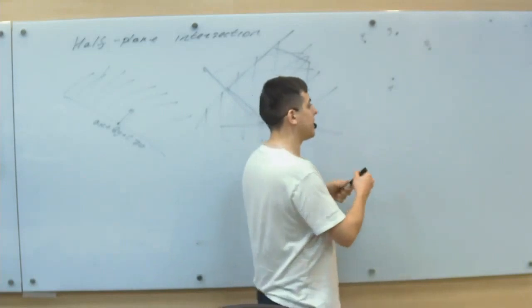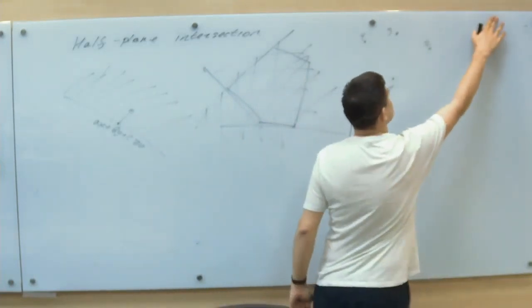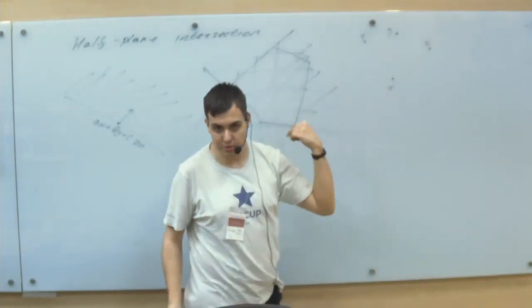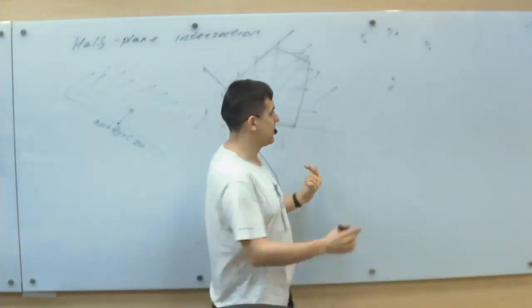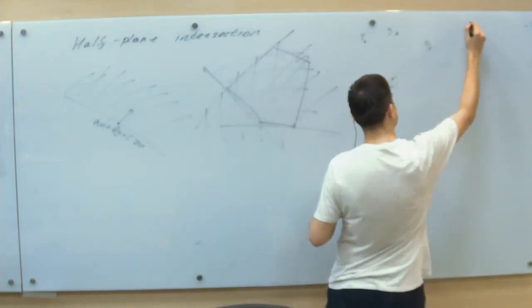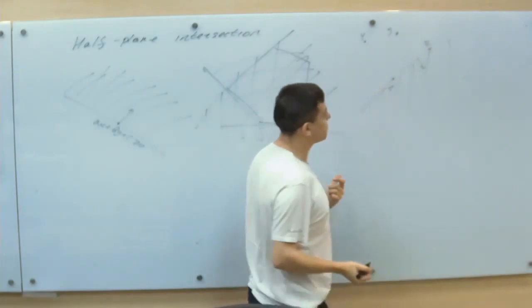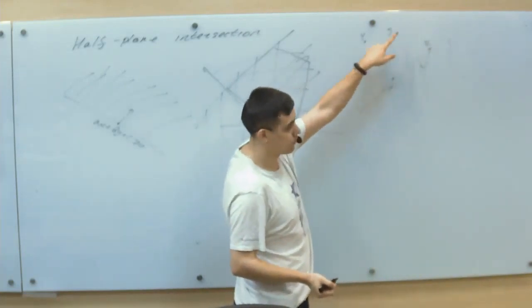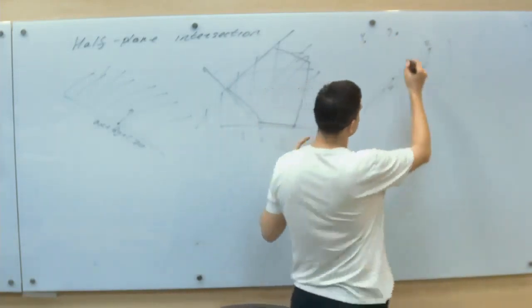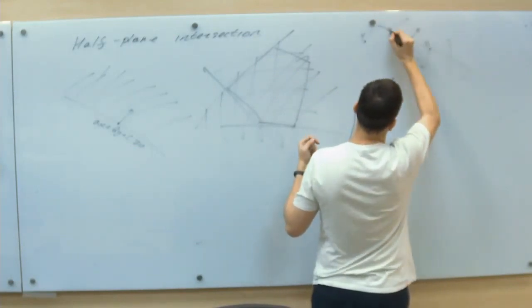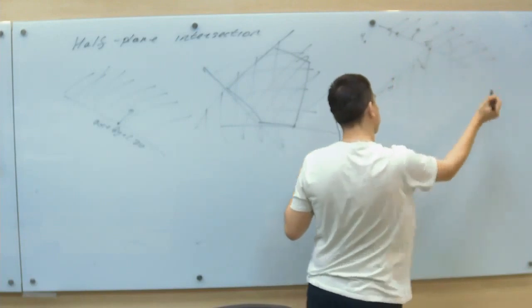And what is the place of all points that see points 1, 2 in correct order? Well, it's this half-plane. What's the place of points that see 2, 3 in the good order? Well, it's this half-plane. And so on.